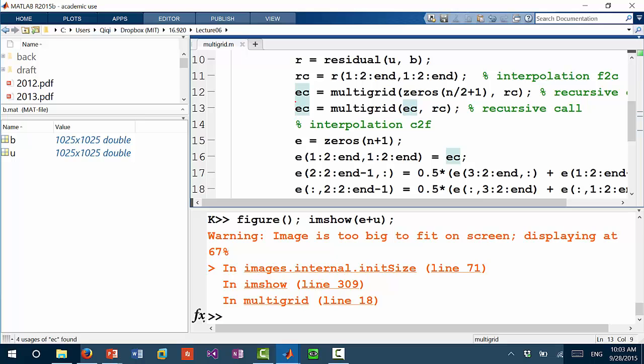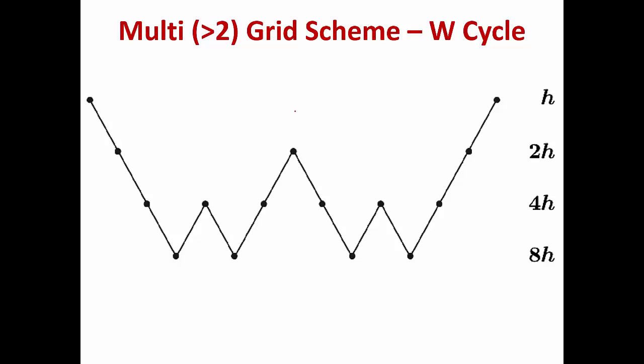So now every time I go down a level, the multigrid function is called twice as frequently. That's what we are showing here. So this whole thing is one W-cycle on the grid with H grid spacing.